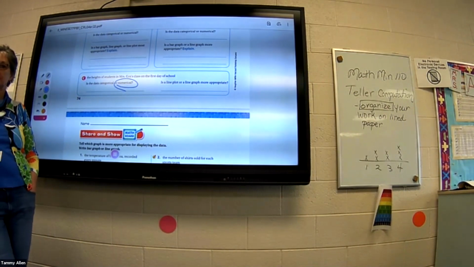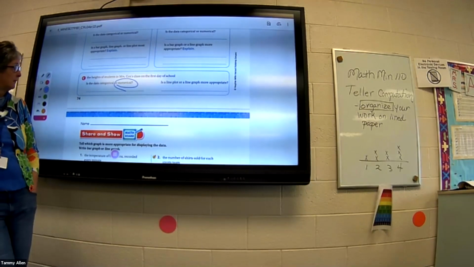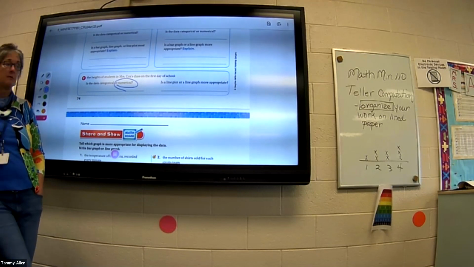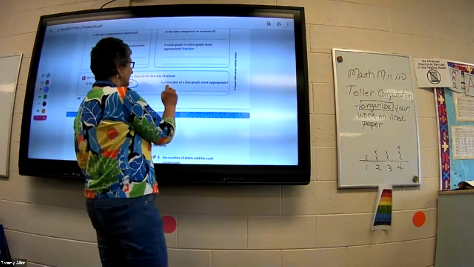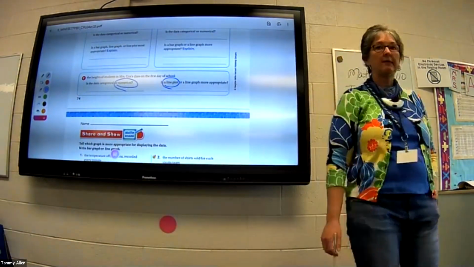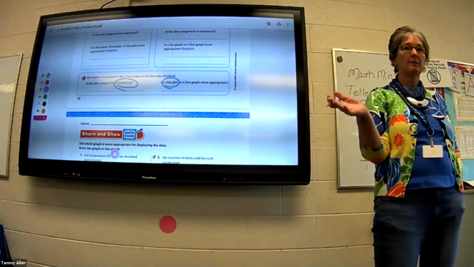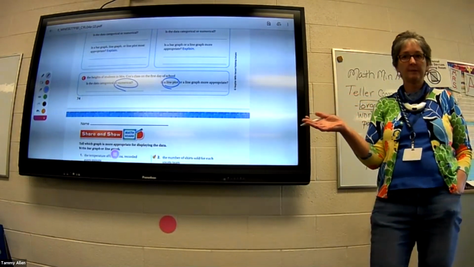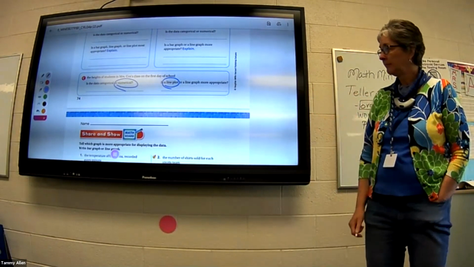Does it show change over time? No. So on the first day of school, are we showing change over time? No, so it has to be a line plot. It's everybody's height on the first day of school. So it's got to be a line plot. Does that make sense? Okay.